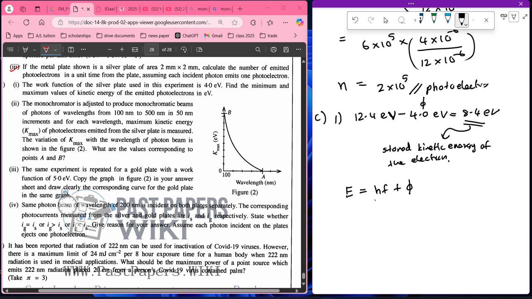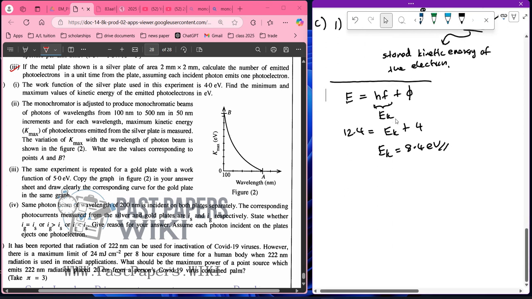So this acts as the kinetic energy. This was the 12.4. This is what we need to find out, and this work function was already given. So this EK value is 8.4 eV. That's how I got it. This is just a separate method.